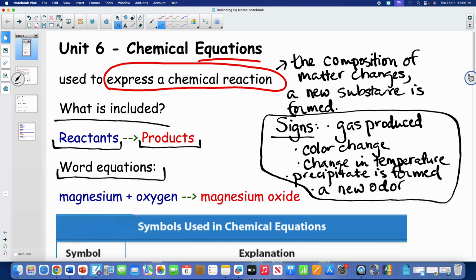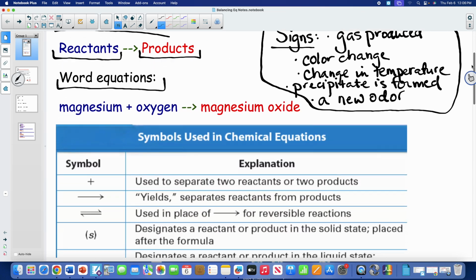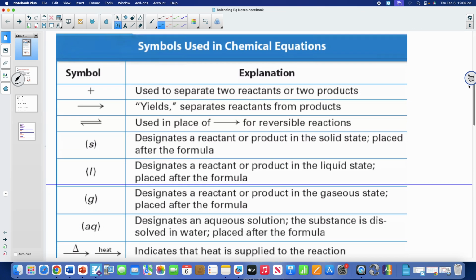All right, so some symbols that we might see. Okay, so the plus sign could be used on either side of the arrow to separate our reactants and separate our products. So if you see that plus sign, that means you have two different chemicals on either side of the reaction.